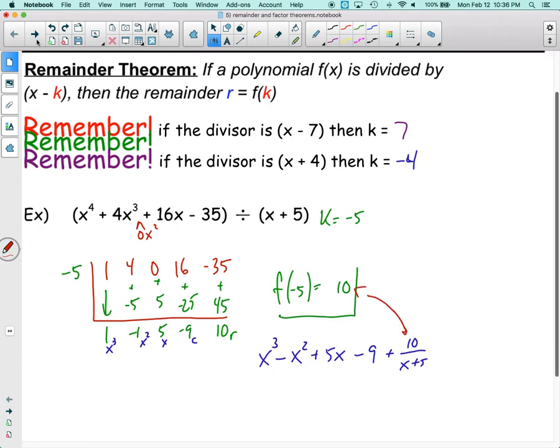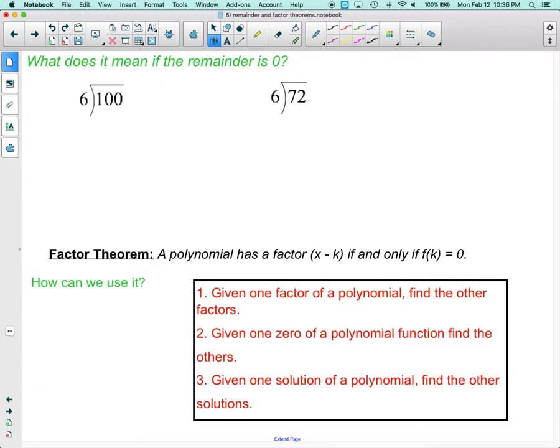All right. So we can take that and transition it into this idea of what it means if there is no remainder, if the remainder is 0. What does that mean about what we're doing? Let's go back to numbers here really quick.